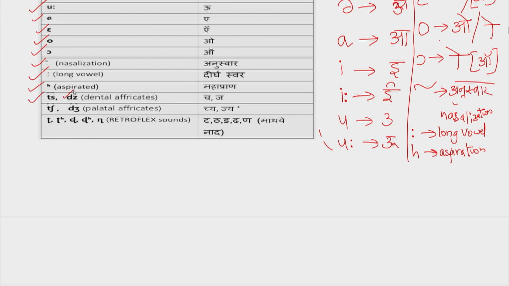These two symbols, this is T and small s, this is D and small z. This represents what is called as the dental affricate. In the written form we have Z. This represents Z. This symbol, T and big S like symbol, represents Ch.